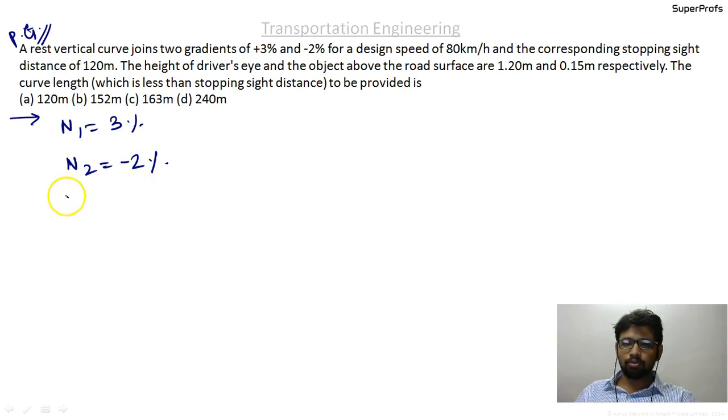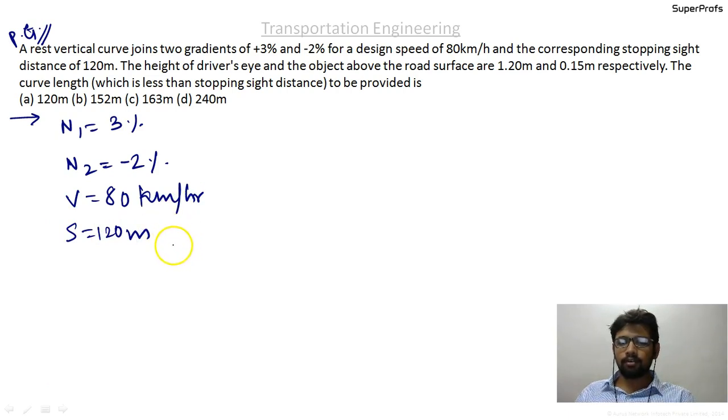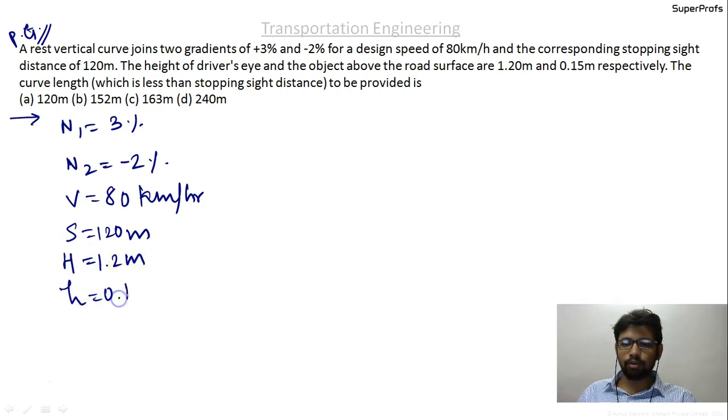For a design speed of 80 kilometers per hour, the corresponding stopping sight distance is 120 meters. The height of the driver's eye and the object above the road surface are capital H equal to 1.2 meters and small h equal to 0.15 meters respectively.